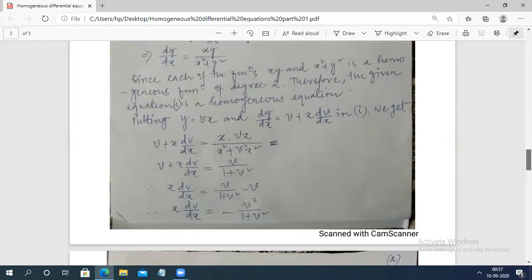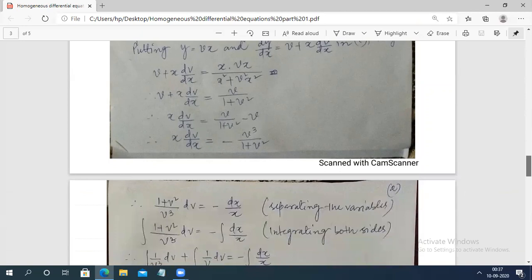Now move this v to the right hand side, then it will become x dv by dx is equal to v upon 1 plus v square minus v, and after calculating the right hand side it gives x dv by dx is equal to minus v cube by 1 plus v square.